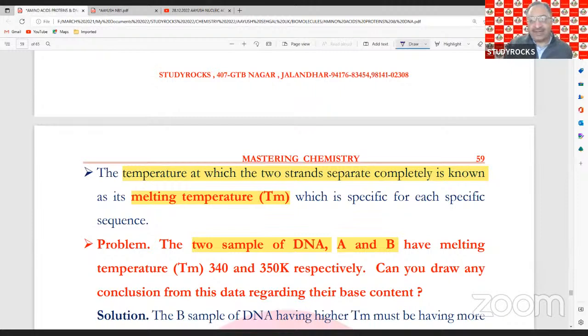Two samples of DNA, A and B, have melting temperatures 340 and 350. Can you draw a conclusion from this data regarding the base content?